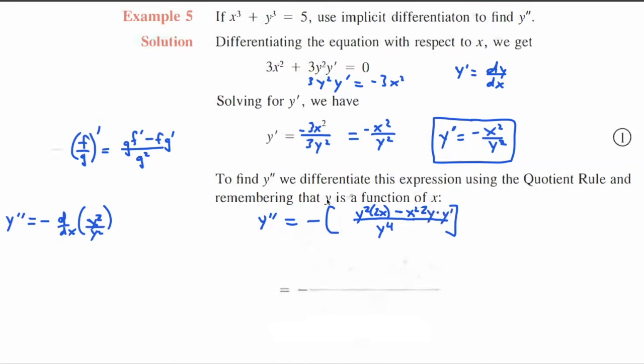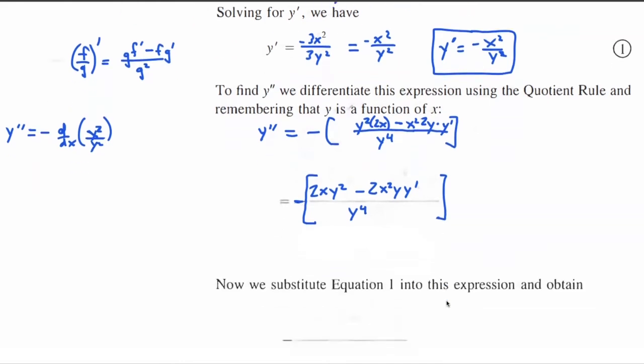All right, so let's continue to simplify here. This is going to be equal to 2xy squared minus, we'll just put the 2 in front here, so 2x squared y prime over y to the 4. Okay, now this negative out in front, I kind of like having a bracket out here, so I just make this a bracket.